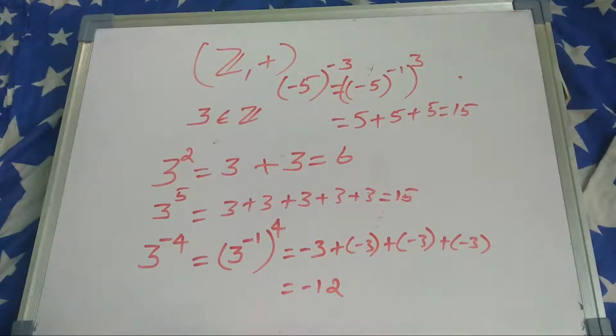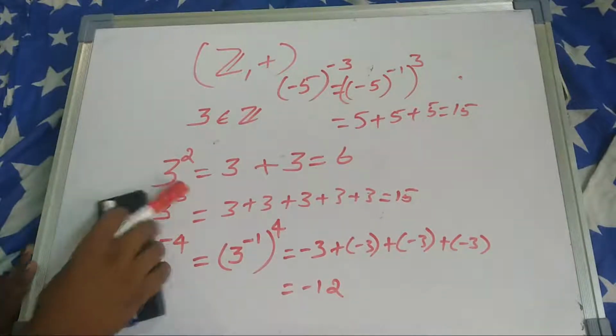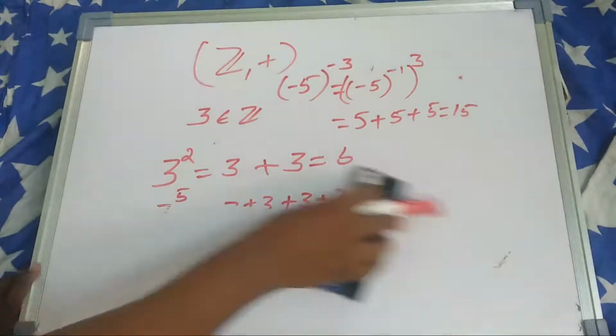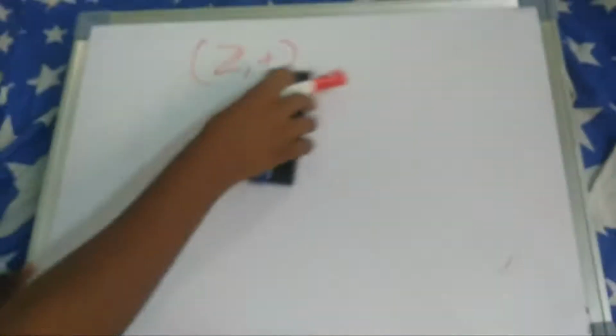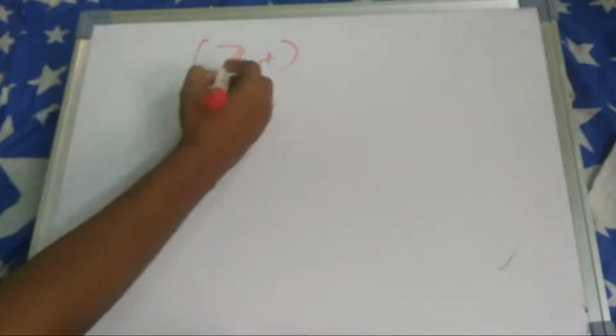Now maybe we will move into Zn to see what happens here. Since I have done an example using Z, now please try to calculate in Zn. So maybe I will fix an n.